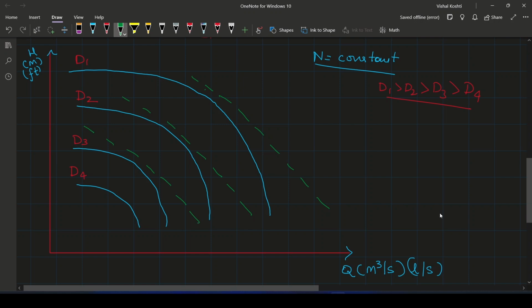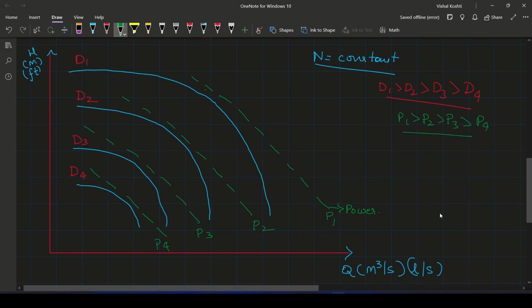It will be measured in terms of HP or kilowatts, whatever may be the unit. This is the power. Let us name these P1, P2, P3, and P4. And this P1 is always greater than P2, which is greater than P3, which is greater than P4.